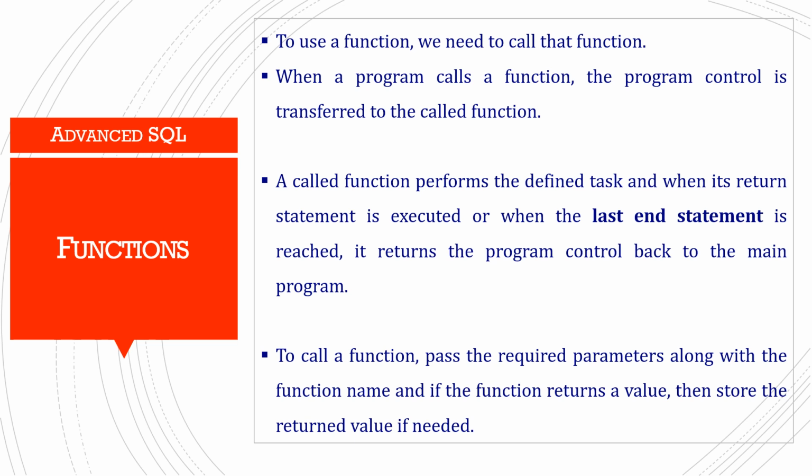Okay, once we have defined a function, if you want to use it, we need to call that function. So when a program calls a function, the program control will be transferred to the called function. A called function performs that particular task, and when its return statement is executed or when the last end statement is reached, it returns the program control back to the main program.